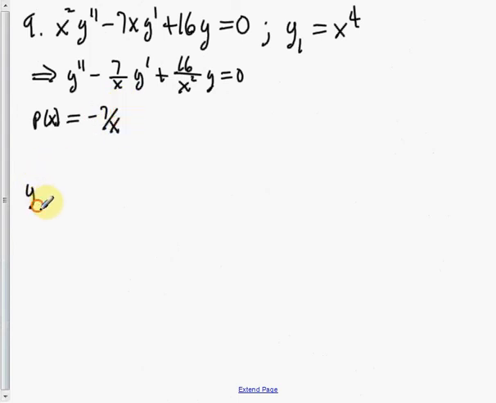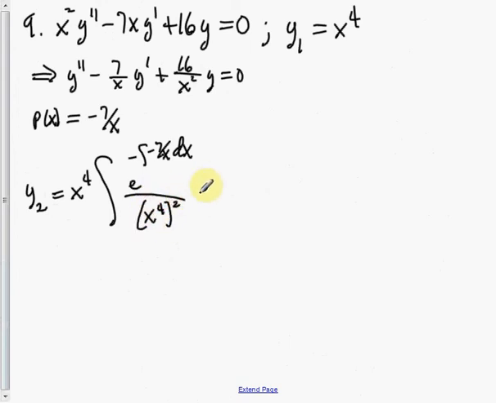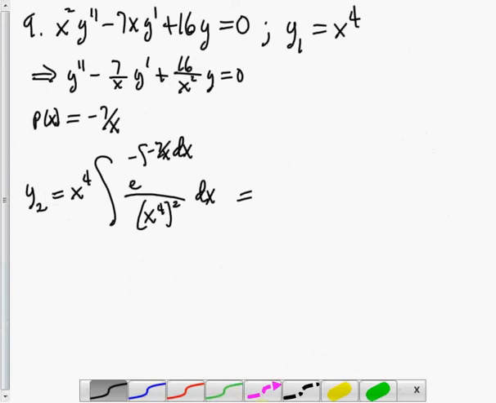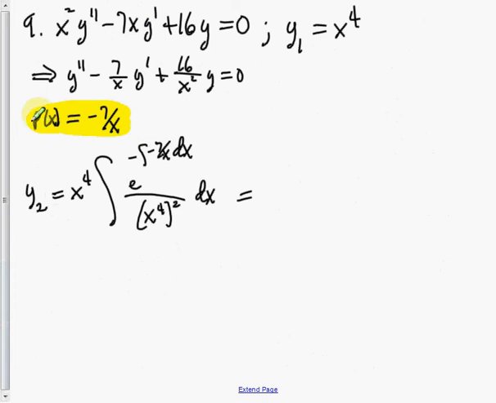So then y sub 2, the second solution, is the first solution, x to the fourth, times the integral of e to the negative integral of negative 7 over x dx divided by the first solution, all squared. Be very careful about p of x.